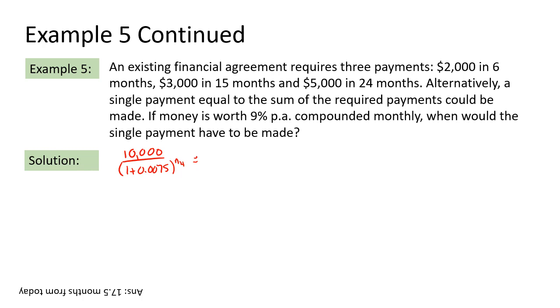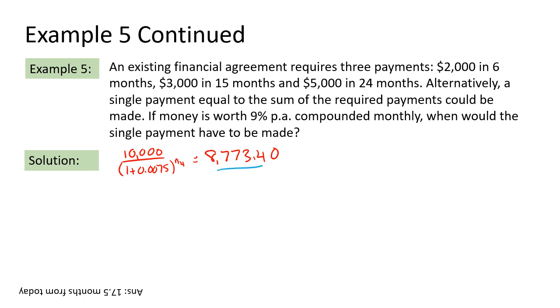So the $1,912.32 plus $2,681.92 plus $4,179.16. So that is equal to $8,773.40.